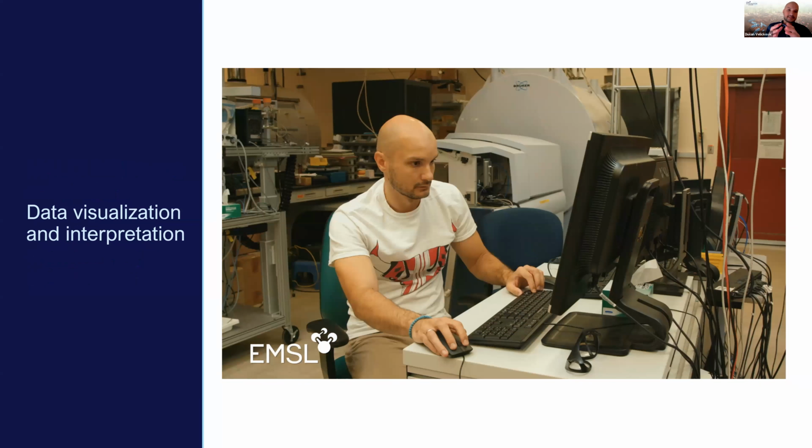Okay, once data are acquired, we process those data. They are really enormous, huge files. You can imagine that you have several thousand different mass spectrometry features from one pixel.